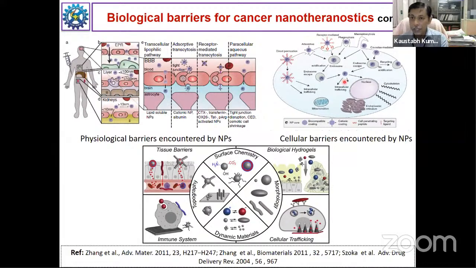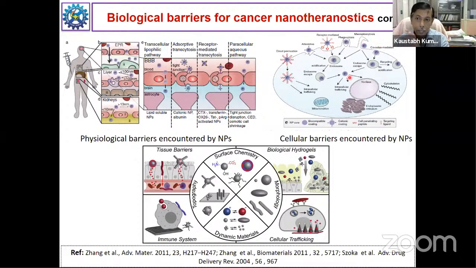These receptor-mediated pathways are of different kinds. One is endocytosis, and another is phagocytosis. These are further classified into different kinds: macropinocytosis, caveolae-mediated or clathrin-mediated endocytosis. These are the small features that determine how it goes into the cells.